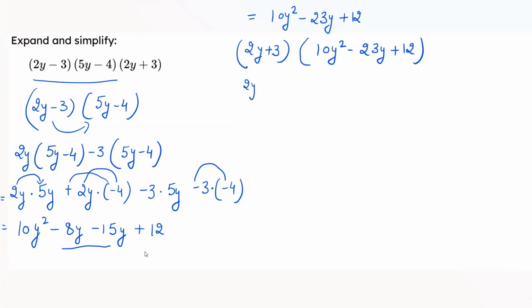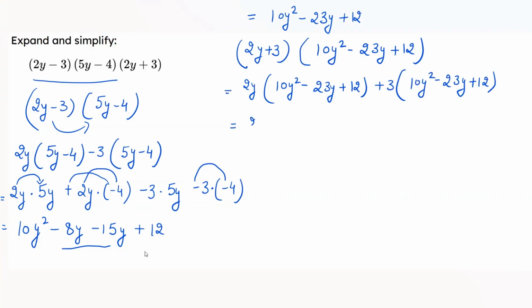So 2y and then the whole second bracket, plus 3, then the whole second bracket. Now once we do that, we have to open the bracket.